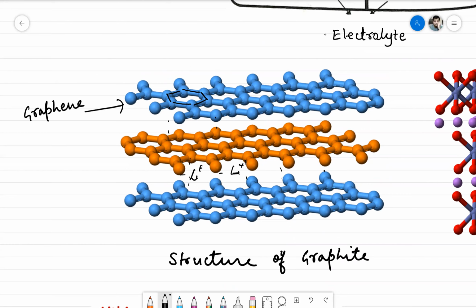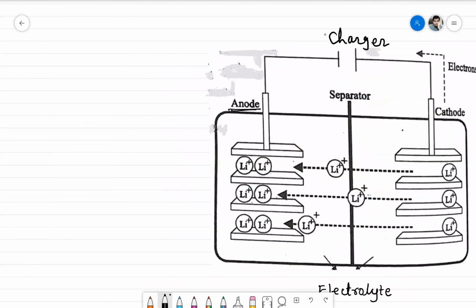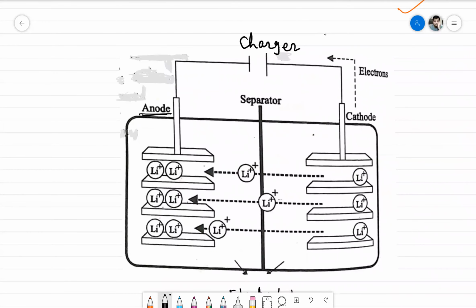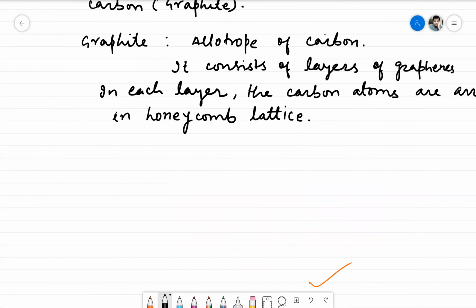Now come to the positive electrode. The positive electrode in the lithium ion battery acts as the cathode.